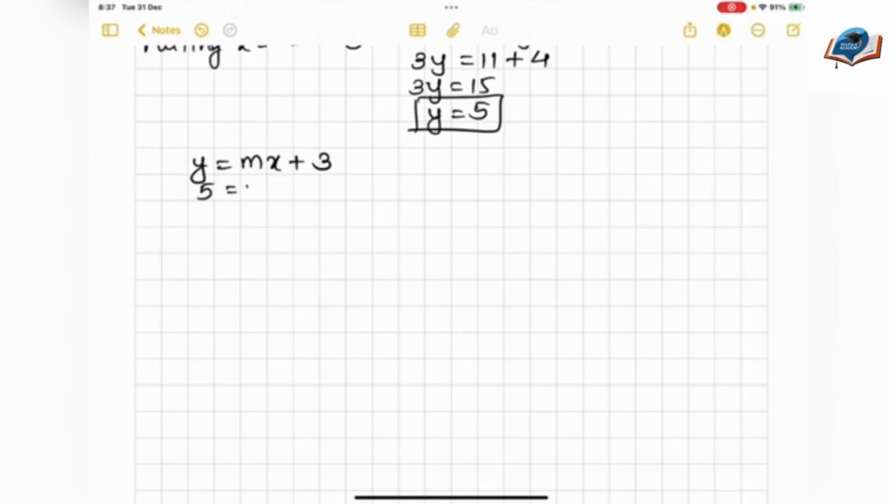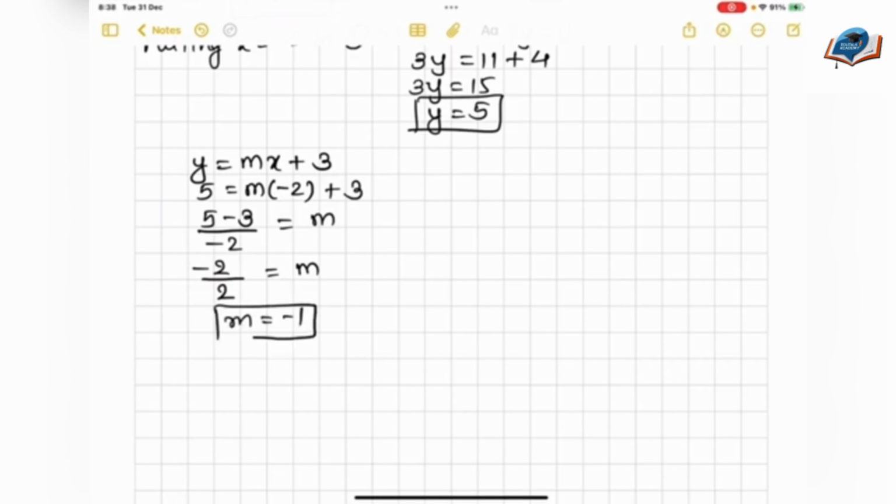So y is 5, x is minus 2, plus 3. So 5 minus 3 upon minus 2 will be equal to m. So 2 upon minus 2 will be m. So m will be equal to minus 1. Hence, I got the value of m.